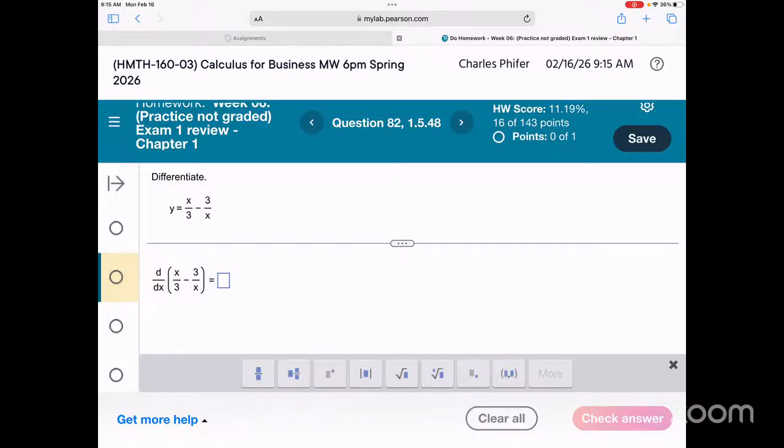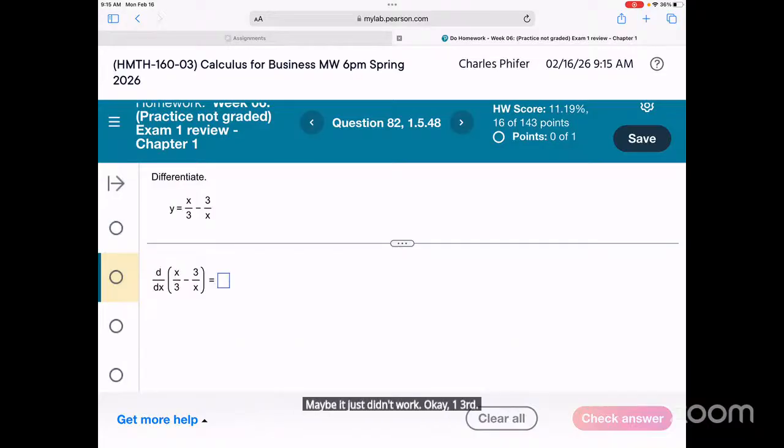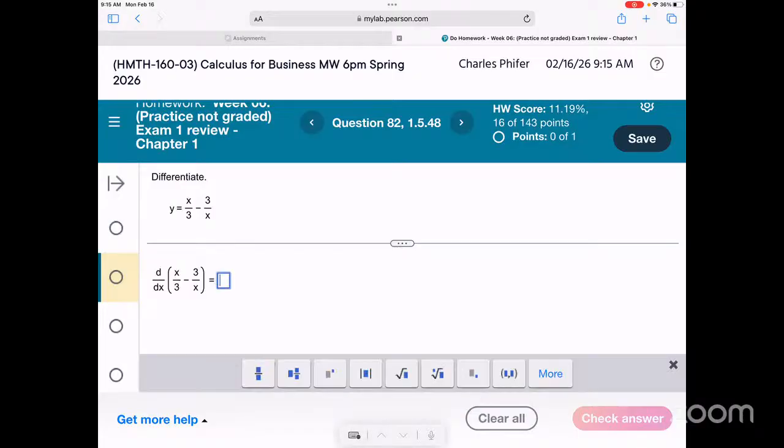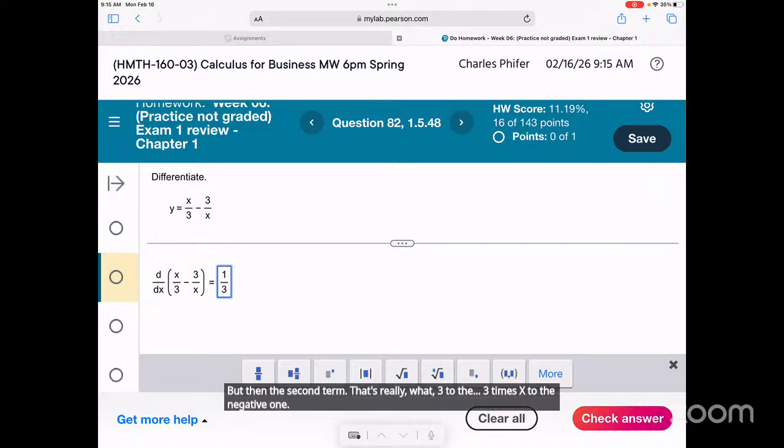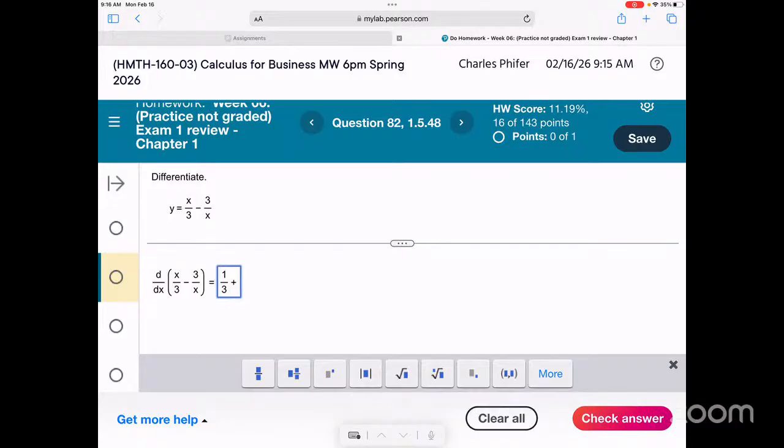Okay, 1/3. But then the second term, that's really 3 times x to the -1. So double negative becomes positive. So we're going to say +3. And then subtract 1 from the power, so x to the power of -2.